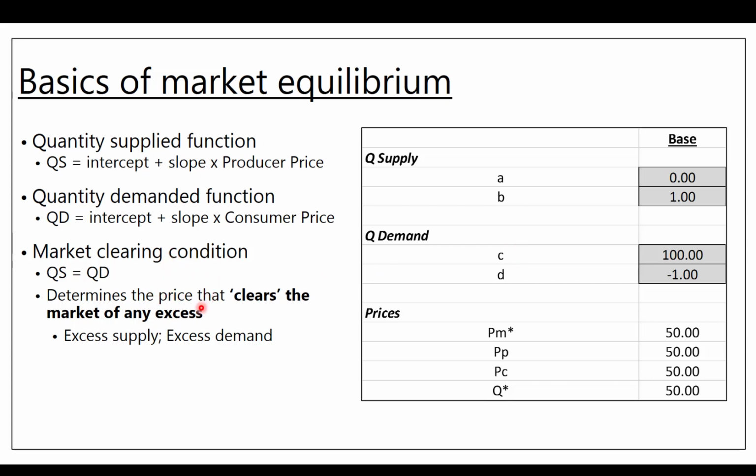And so it's a way of thinking about, is there any excess supply or excess demand in this market? We tend to think of it as starting from excess demand. There's too much demand at this very low price, so let's move the price higher until we're able to clear off that excess. And so we have this market clearing condition.